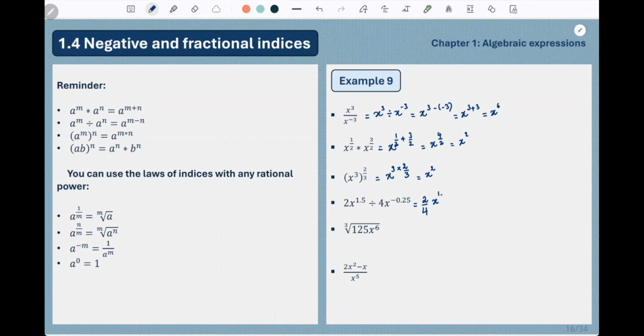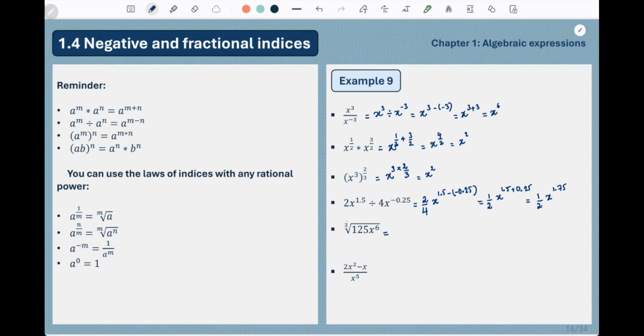So the powers become like this: 1.5 minus, it comes from here, and then minus 0.25. So all that's left to do is to simplify. 2 over 4 is simply 1 over 2, and x to the power of 1.5 plus 0.25 translates to 1.75. So it's 1 over 2 x to the power of 1.75.